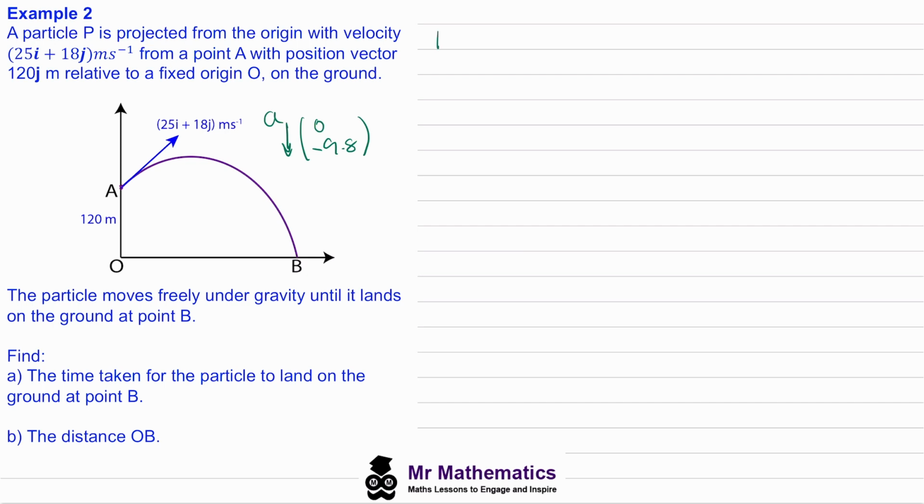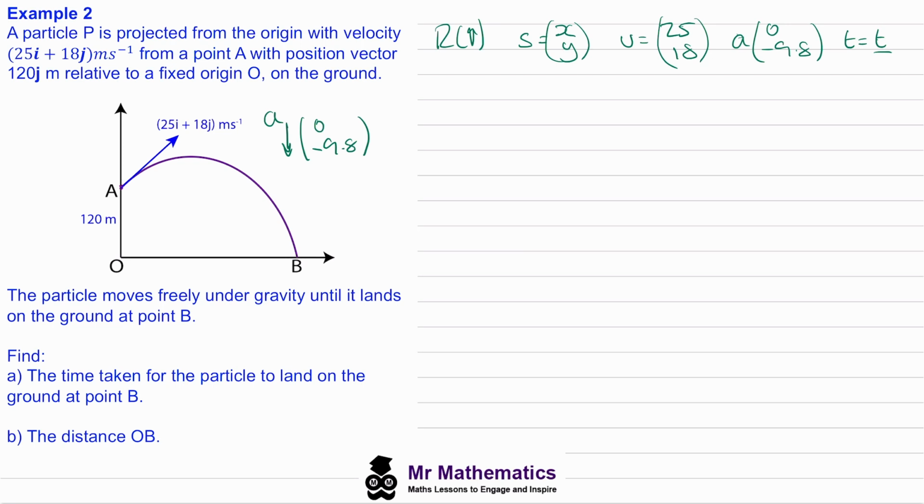So if we resolve upwards, we know the displacement will be x, y. The initial velocity is 25 and 18. The final velocity we're not being asked for and it's not been given. And the acceleration is 0, negative 9.8. And the time is something we've been asked to find.